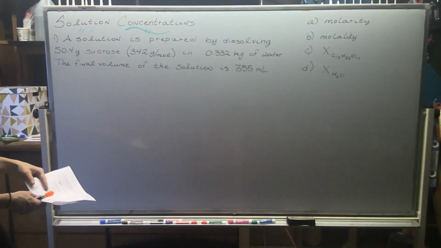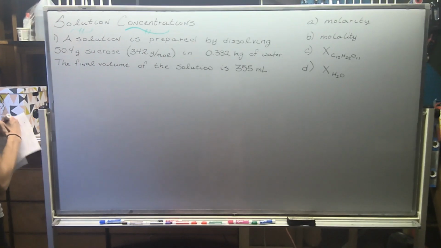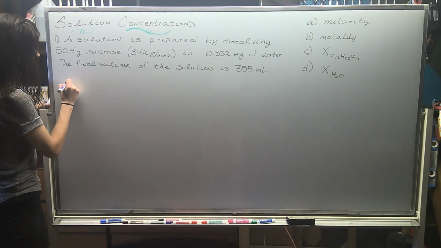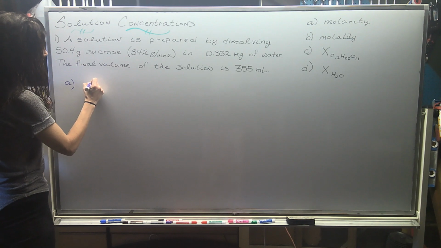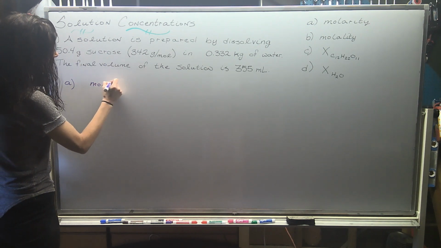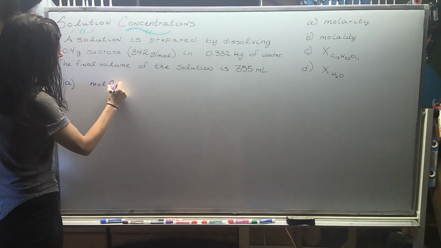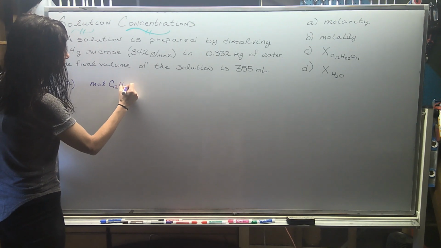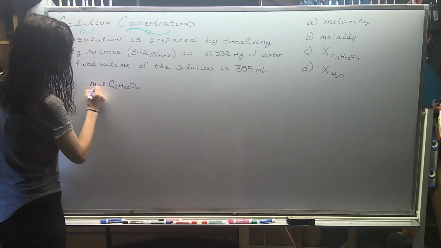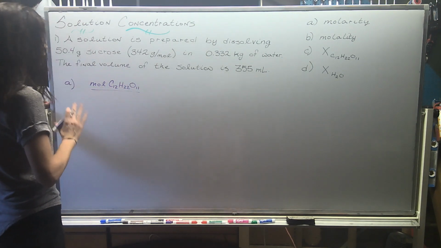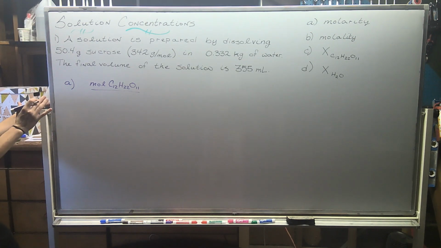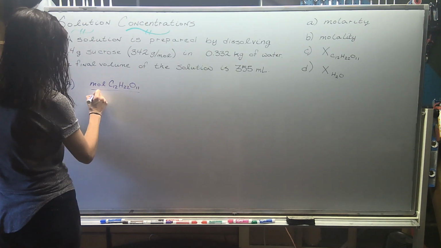Let's start with molarity, which is the one we're most familiar with. So molarity is going to be the moles of our solute, in this case the sucrose, divided by the volume of the solution, so everything.